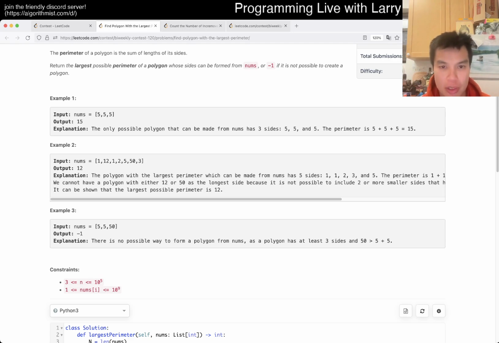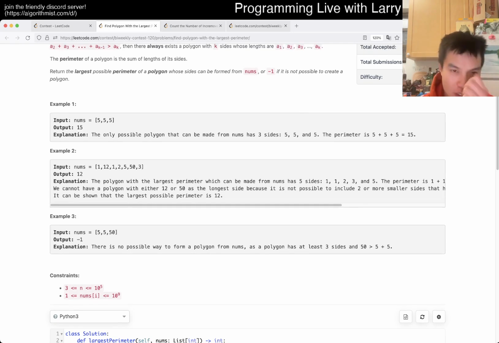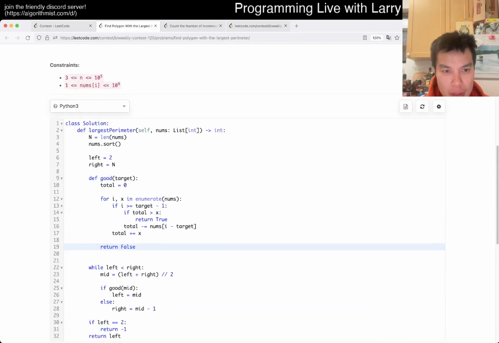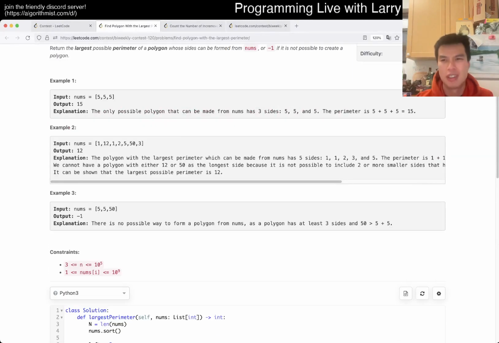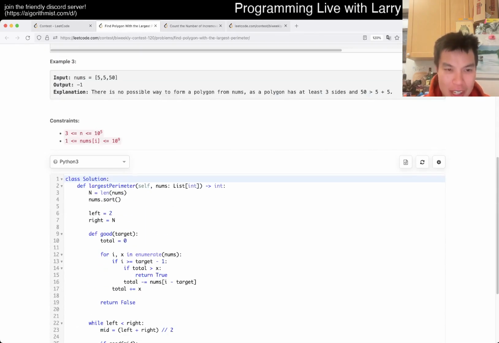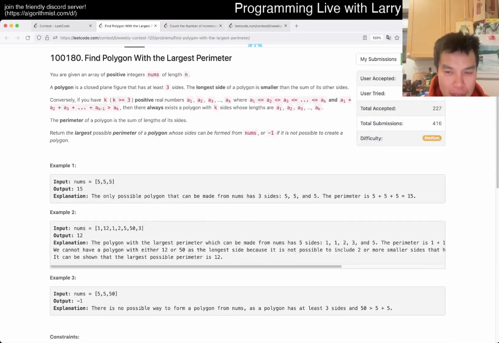I did the longest number of sides, not the length. How do I fix this? Why am I spending so long on Q2? I misunderstood it. Okay, how do I fix?